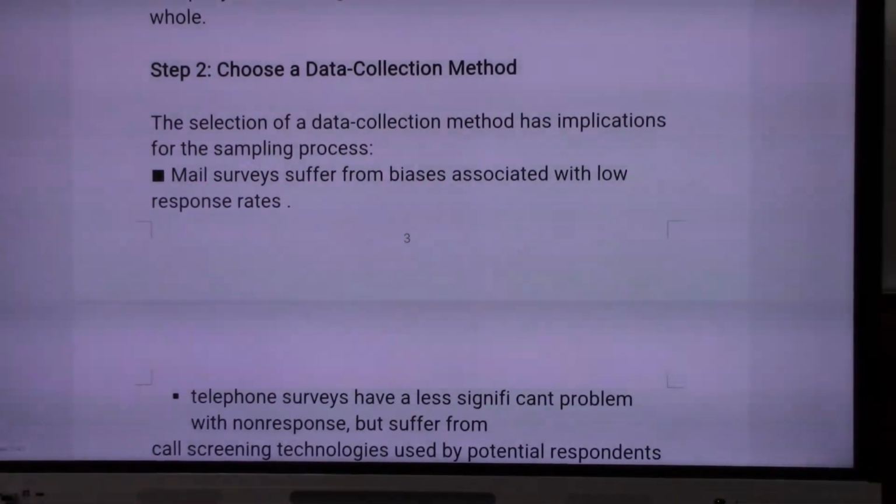We can collect data from our sample through mail surveys, telephone surveys, or internet surveys. Generally, under survey methods, the sample is larger than under observation or experiment methods.